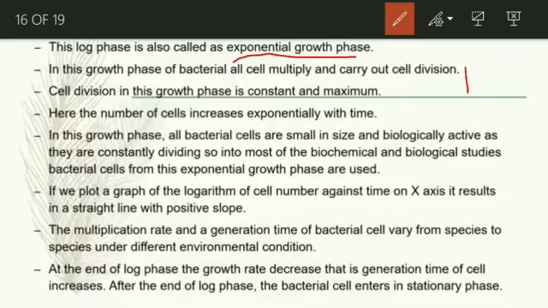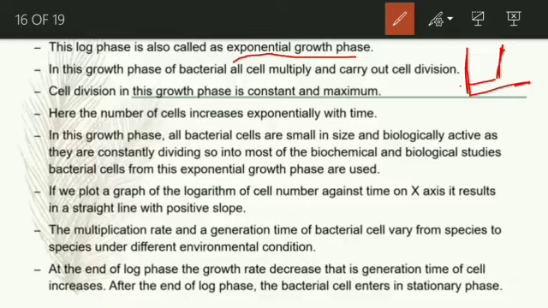For example, this is the x-axis, y-axis, and this is what is called the lag phase, and then this upward movement of the curve is called log phase. And what we have taken on the y-axis is the logarithm of the number of bacterial cells. That is why this growth is called the exponential growth phase. Why is it exponential?